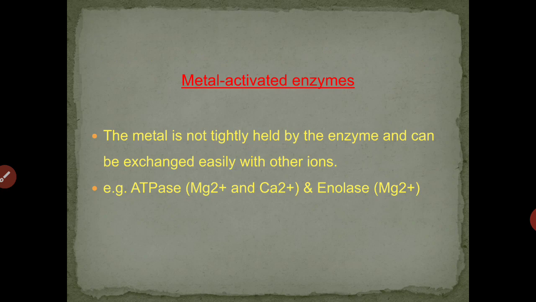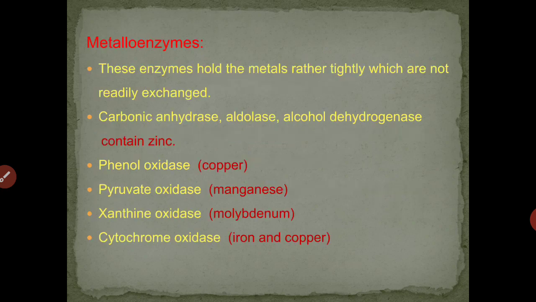For example, ATPase requires magnesium and calcium, and enolase requires magnesium. Whereas in metalloenzymes, the metal ion is tightly bound with the enzyme protein, so it is not readily exchangeable.